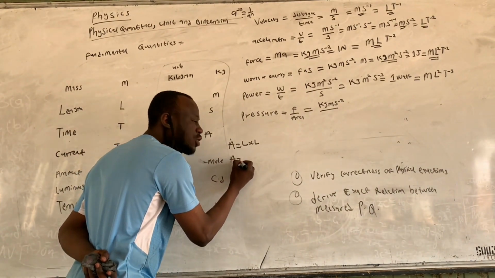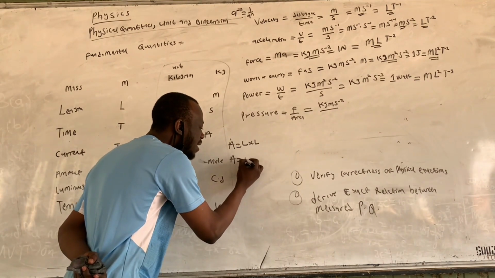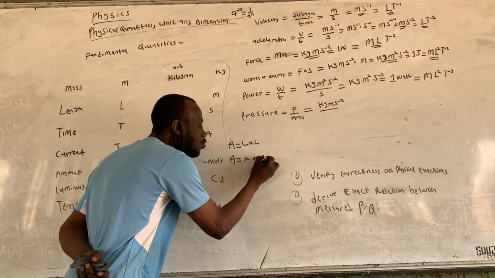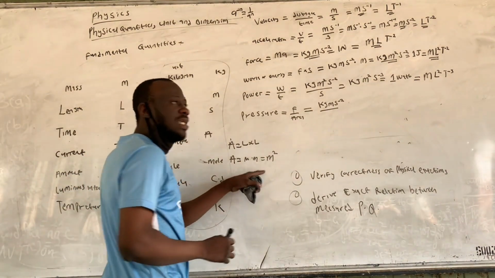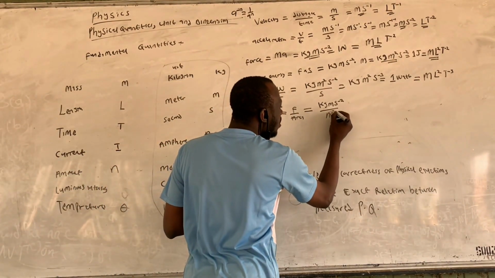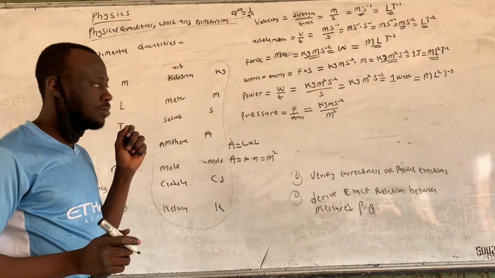Area A equals what? Length times length, or length times height. Length is in meter, and meter times meter is meter squared. So the SI of area is meter squared.